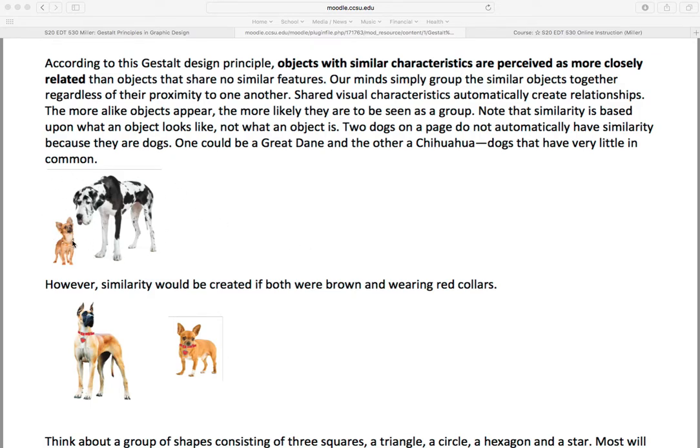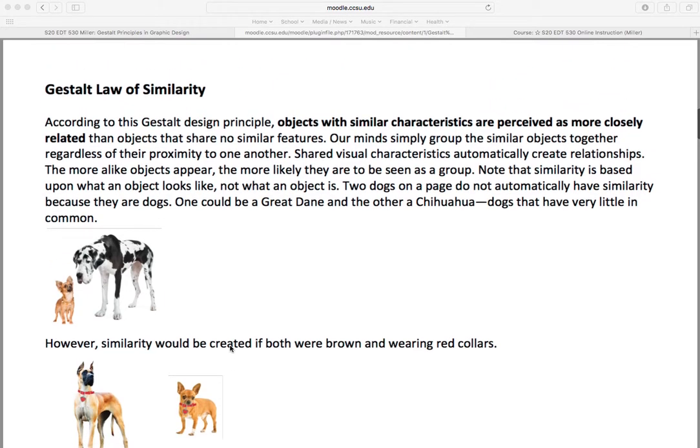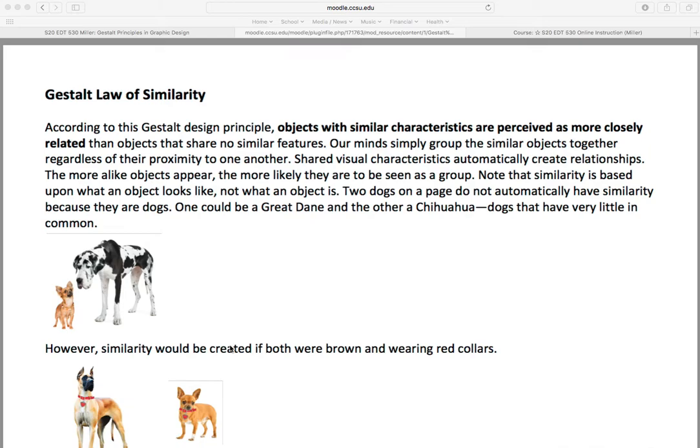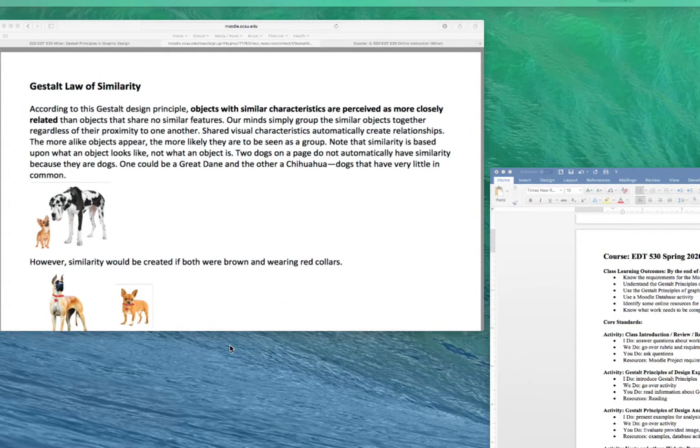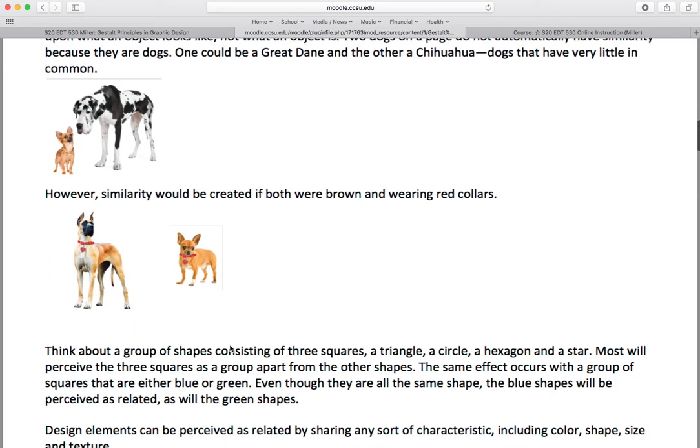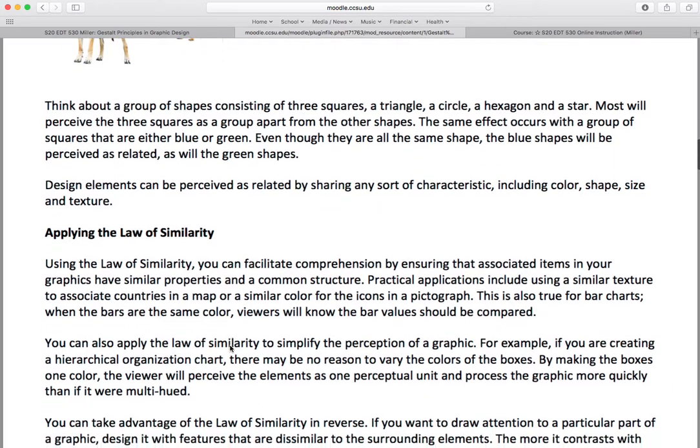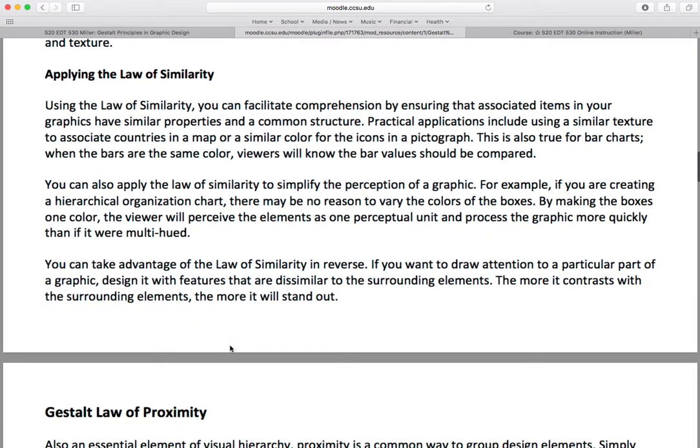I can have a big dog and a little dog, but if they share the same color and they're wearing the same collar and they're facing the same direction, even though one is big and one is small, our eyes will group those 2 pieces of information together and be able to process them more quickly. So similar characteristics. They don't have to be identical, but there need to be characteristics within that they share. So that's things that are similar.